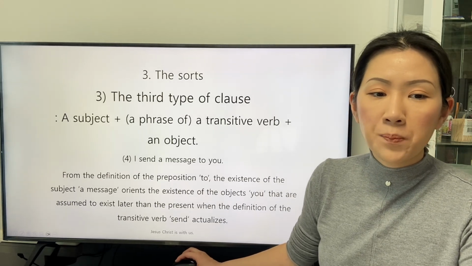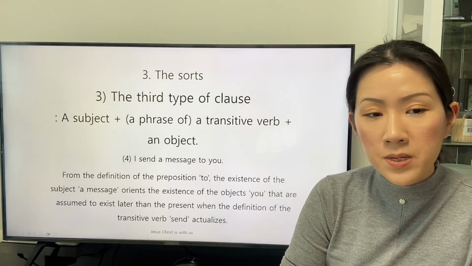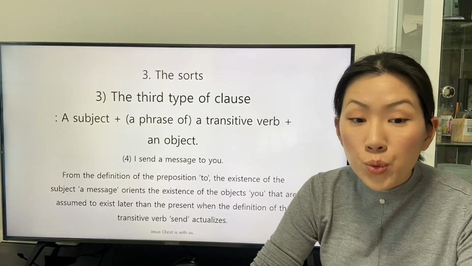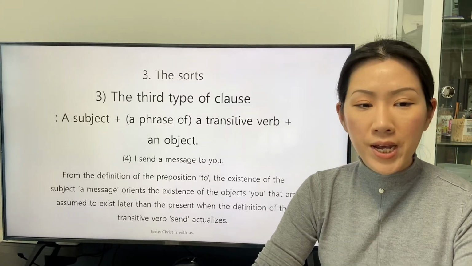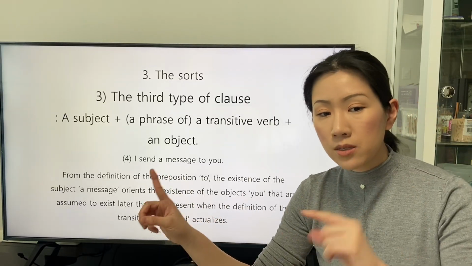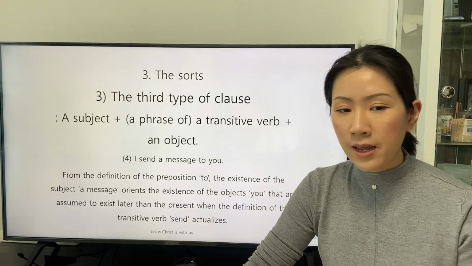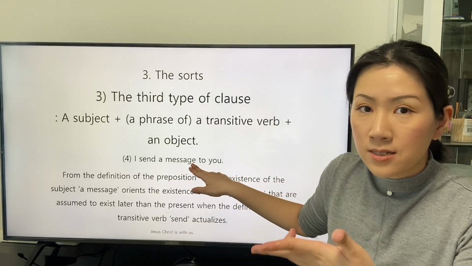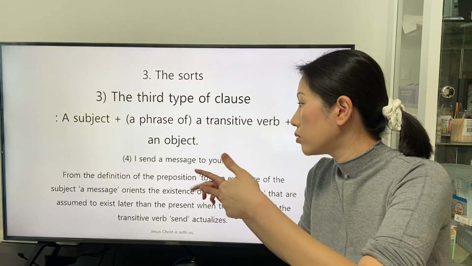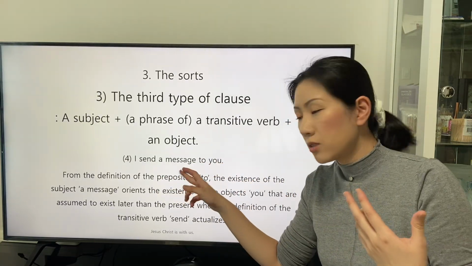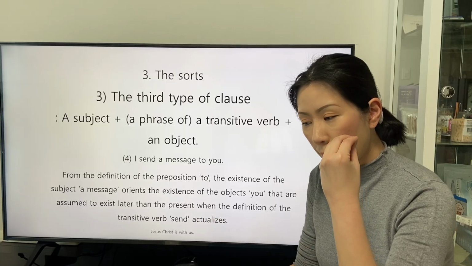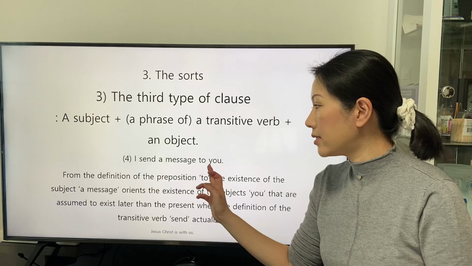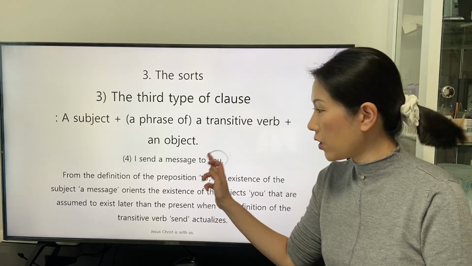From the definition of the preposition to, the existence of the subject, a message, orients the existence of the object you that are assumed to exist later than the present when the definition of the transitive verb send actualizes. A message exists with the purpose of the existence of the listeners.